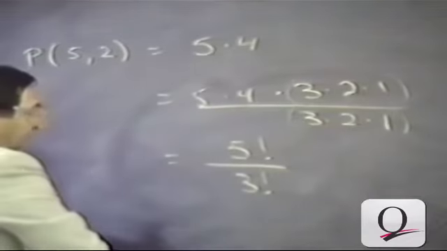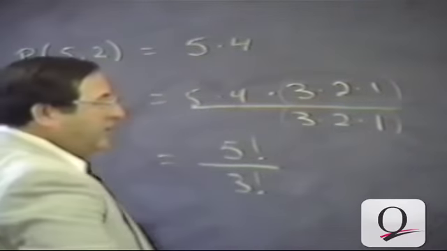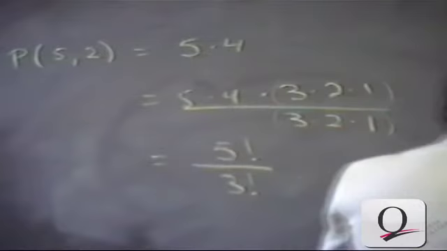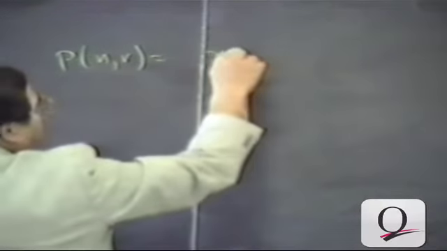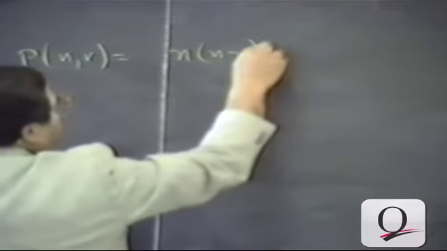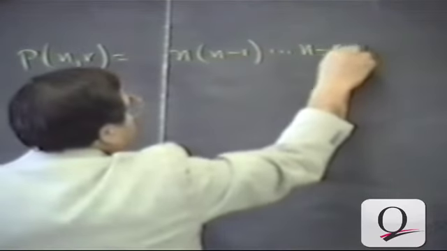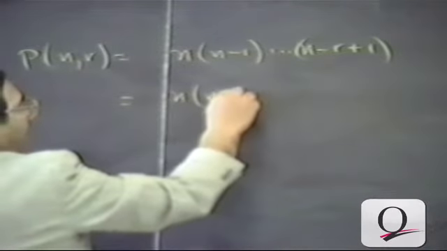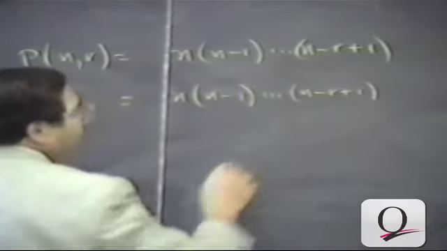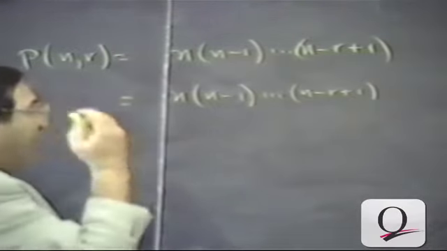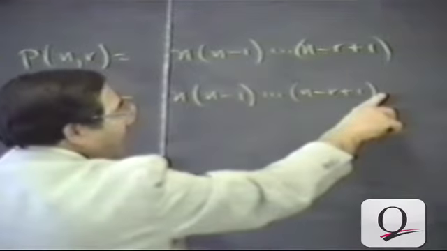So, extending that now to the general case, P and R, which is n, n minus 1, up to n minus r plus 1, and I multiply that by the number 1. Now how do I multiply by 1? What would be the next term going down from this?